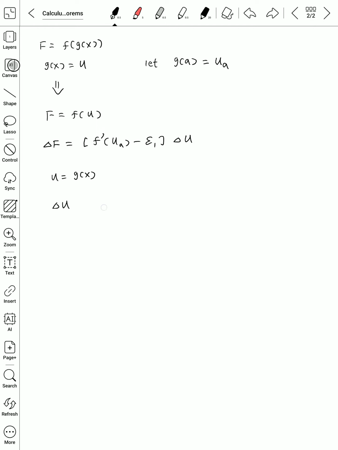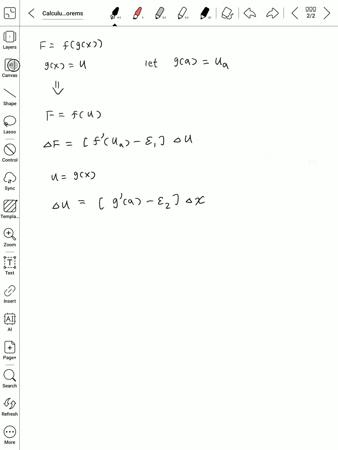Delta u equals the derivative of g at a minus an error term, and since these two error terms are different, I'm going to use epsilon 1 to denote the first one and epsilon 2 to denote the second one. The derivative of g at a minus epsilon 2, multiplied by delta x.